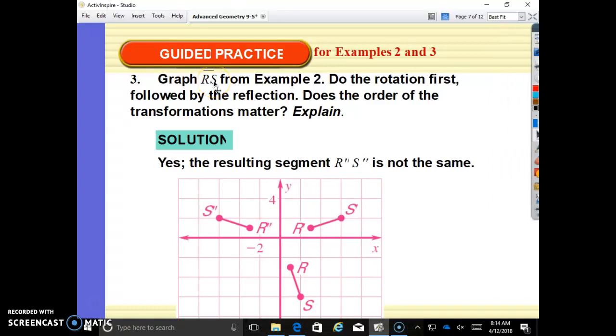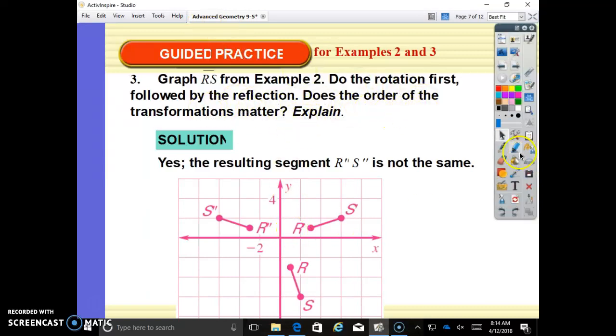Graph RS from example 2. Do the rotation first, followed by the reflection. Does the order of the transformations matter? Explain. All right, so this is from example 2.